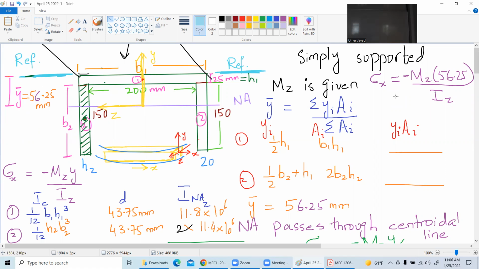So if from the neutral axis, from the purple line, you are going up, which is 56.25 in the upward direction, it will be positive, right? 56.25 is positive, and your stress x comes out to be negative. But if you are going in the downward direction from the purple line, you will have a negative y here and you will get a tensile stress on these edges. I will take your question.